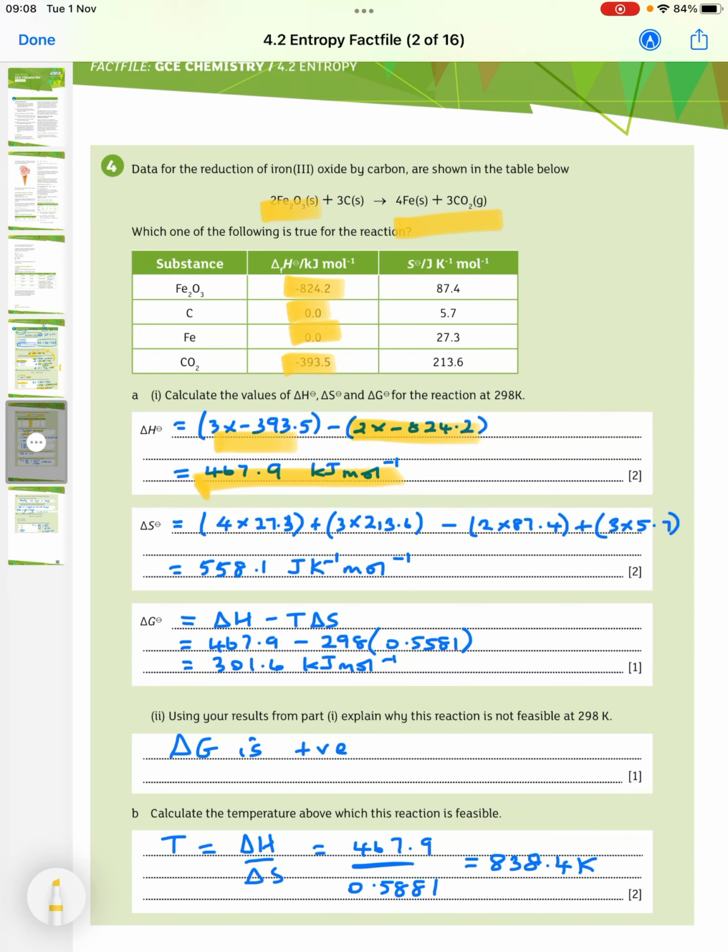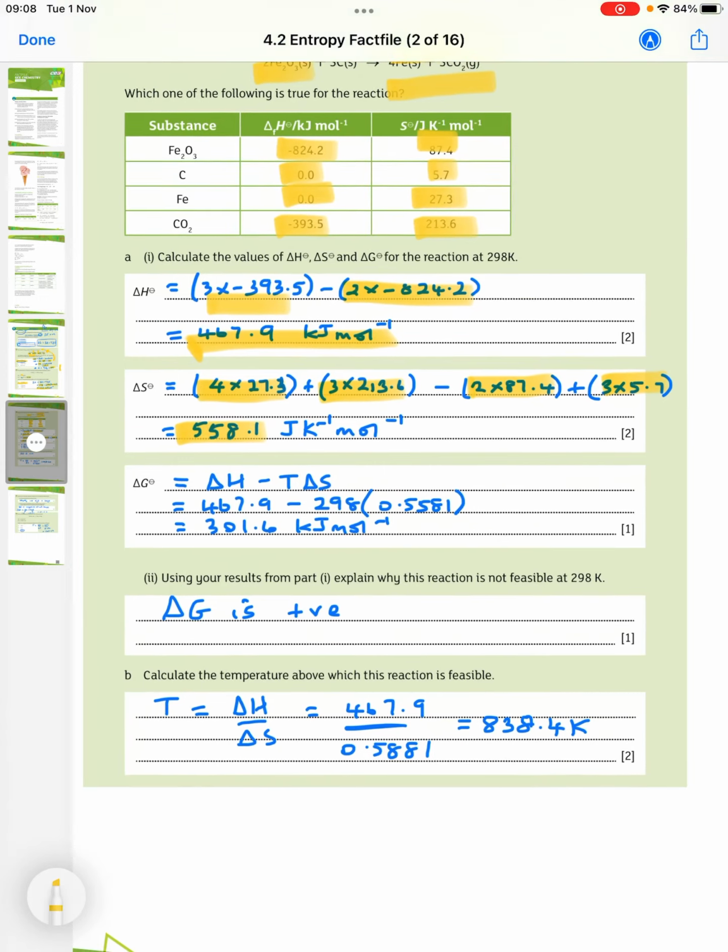Delta S then, we have 4 times 27.3, that's for the iron. We have 3 times 213.6, that's for the carbon dioxide, so again the products. Then take away the reactants, 2 times 87.4 for the iron oxide, and 3 times 5.7 for the carbon. Plug those all in, you get 558.1 joules per Kelvin per mole.